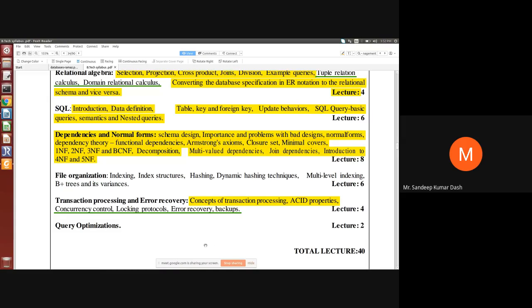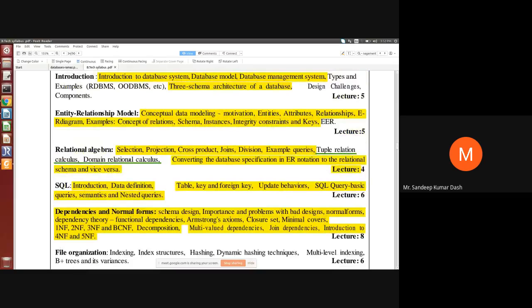For the indexing part, you have to go through the NPTEL lectures that I have given, three or four lectures from there. Query optimization I will take in one class. Then, if your exams are still not conducted, we will go through TRC and DRC, tuple relational calculus and domain relational calculus.